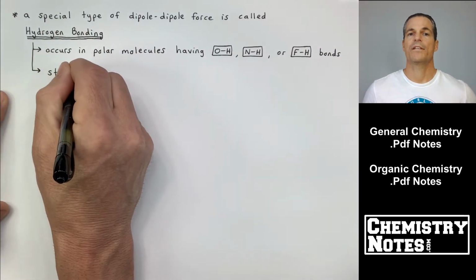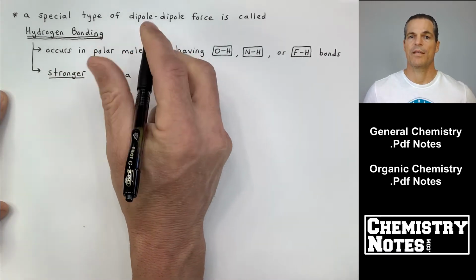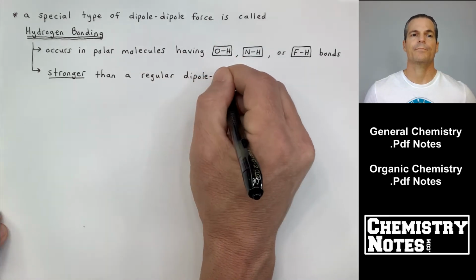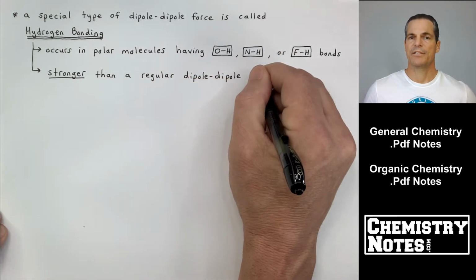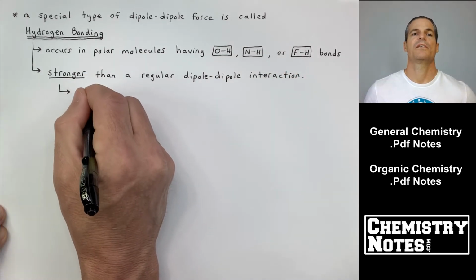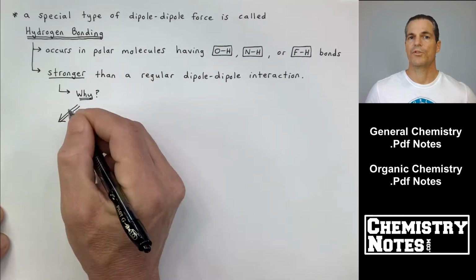Okay, so OH bonds and NH bonds are quite common. We see hydrogen bonding with them quite a bit. FH bonds also exhibit hydrogen bonding. Now, hydrogen bonding, which is a particular type of dipole-dipole force, is stronger than a regular dipole-dipole interaction for 2 reasons.